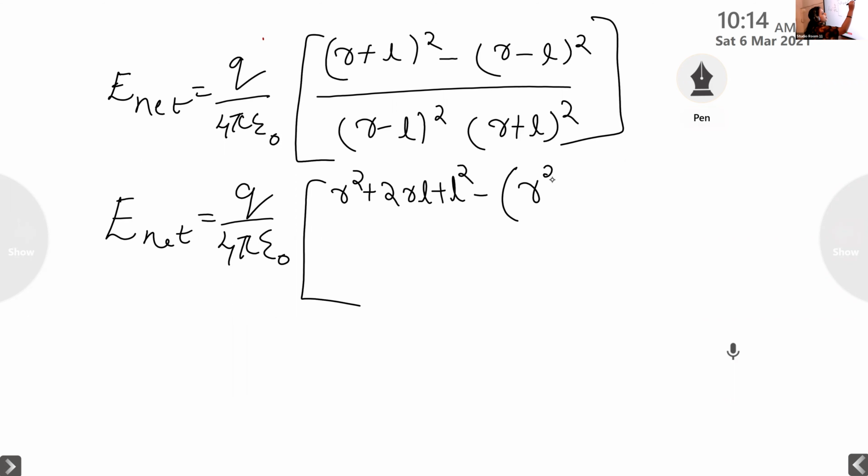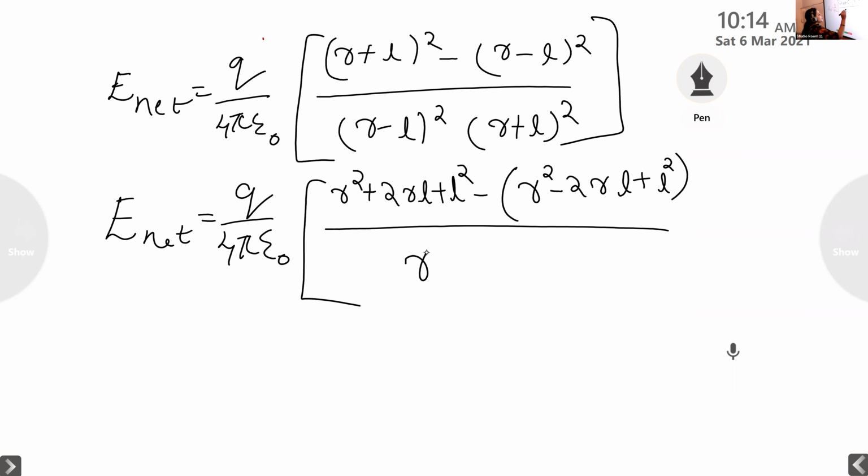R square minus 2RL plus L square. Divided by, what happens to the denominator? It becomes R square minus L square the whole square, since A plus B into A minus B is equal to A square minus B square.